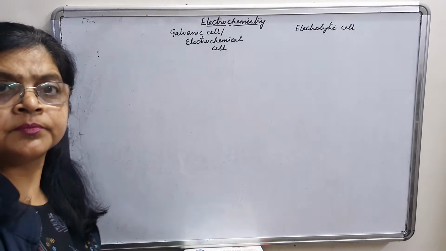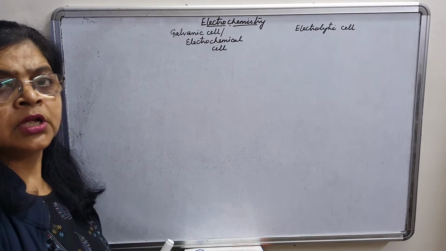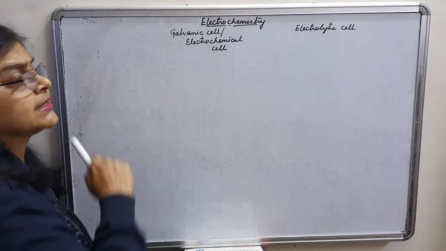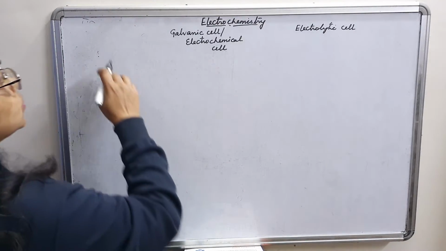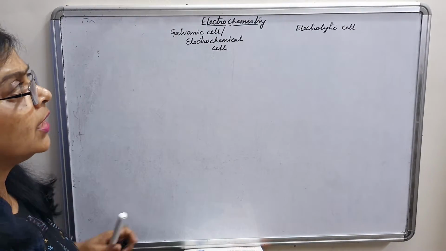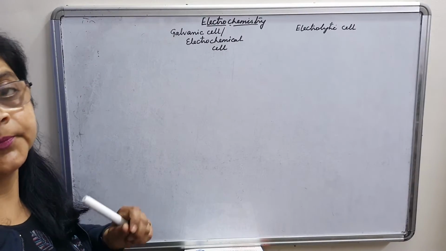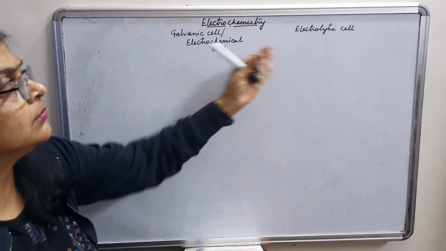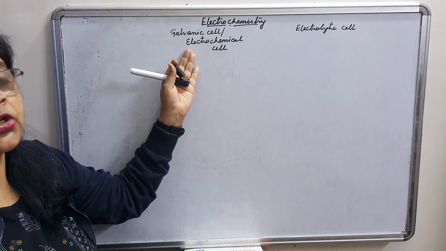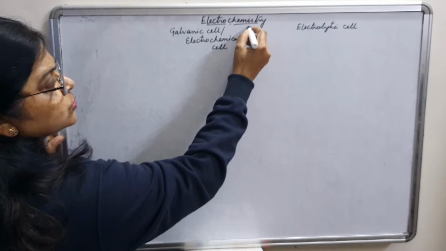Their definition, their differences, and how to find the EMF of the galvanic cell. Before that, what are they? We have seen them in our everyday life, especially the galvanic cell. So we are starting from the difference of these two.